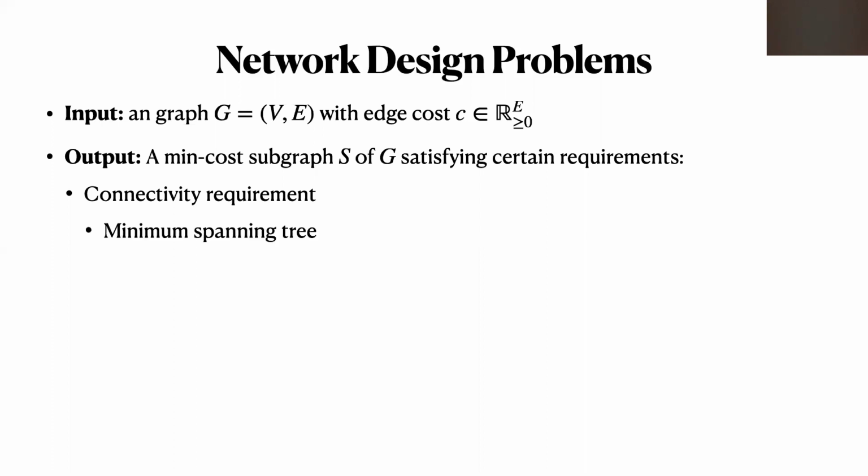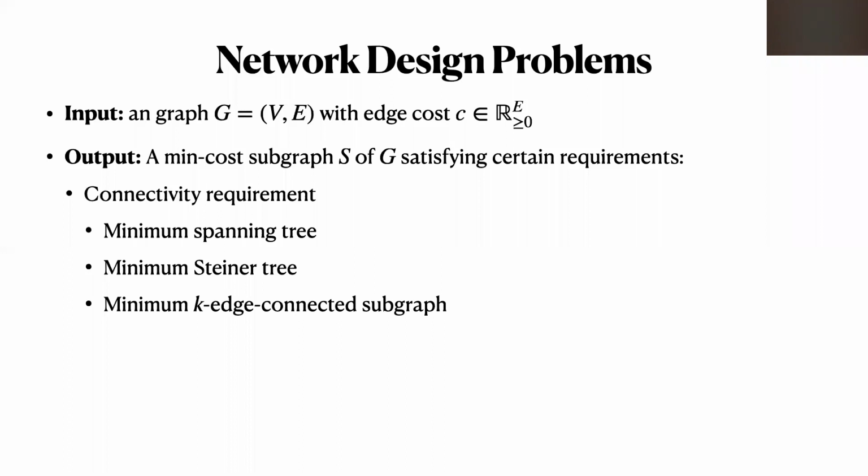For example, if we require every pair of vertices to be connected, then this is the minimum spanning tree problem. If we require some subset of vertices to be connected, then this is the minimum Steiner tree problem. And similarly, if we require there are k edge disjoint paths between every pair of vertices, then this is the minimum k edge connected subgraph problem.